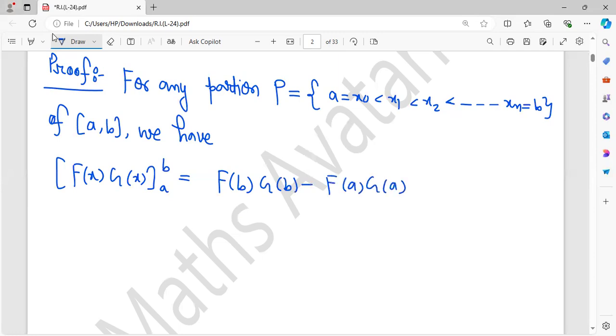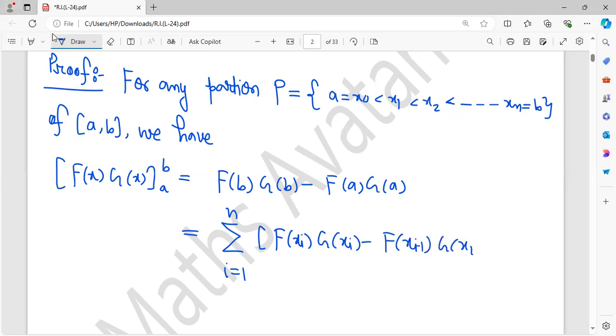Now I can write this as the summation, i goes from 1 to n, of F(xi) G(xi) minus F(xi-1) G(xi-1).